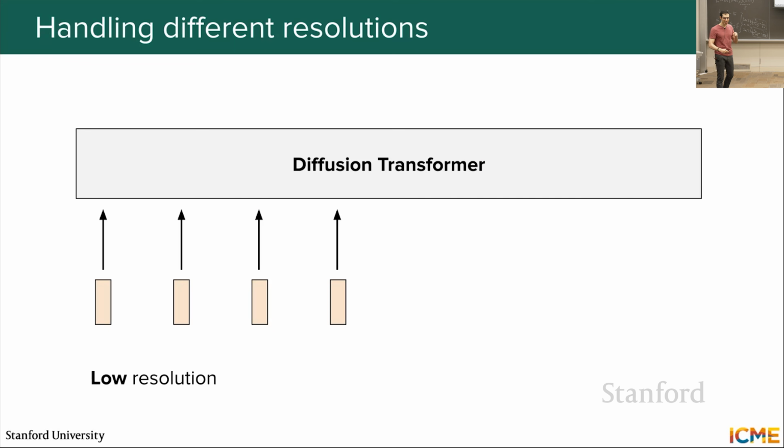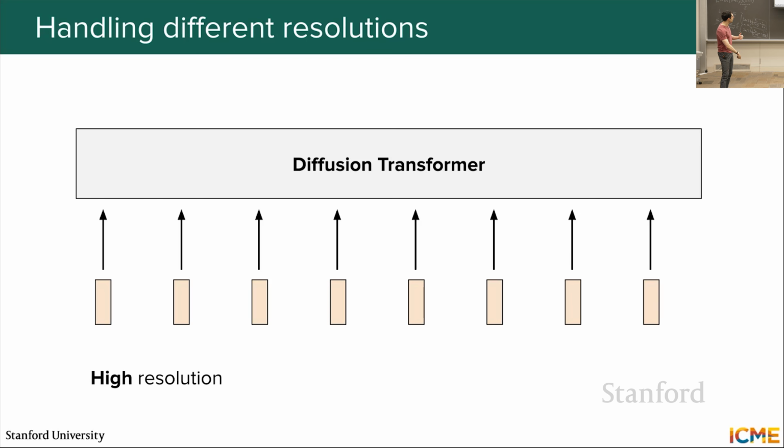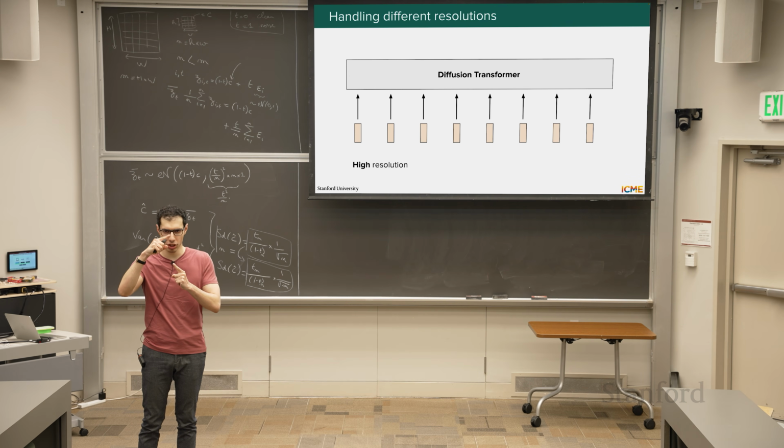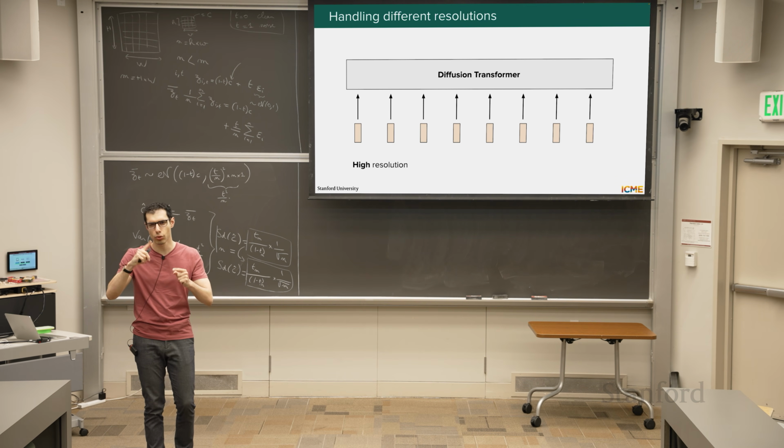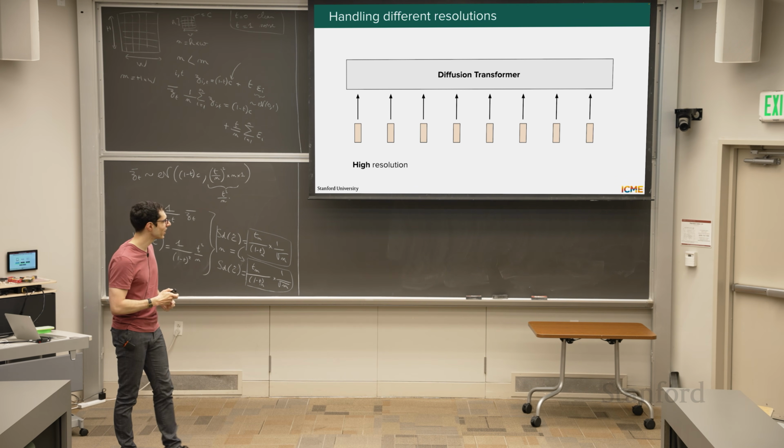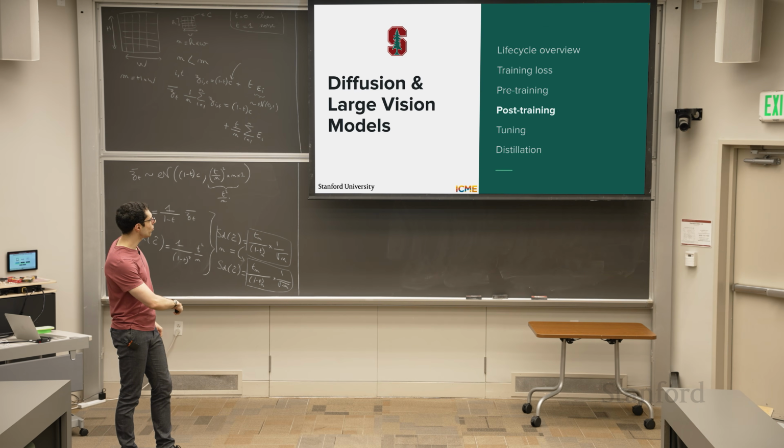So for low resolution, you will have a certain number of patches, a certain number of tokens. And for high resolution, you will just have more tokens. Exactly, it's as if it was a larger context. And if you remember, the length T will be I, which is the dimension of an input, if it's a square, over P squared. That's the order of magnitude to have in mind.